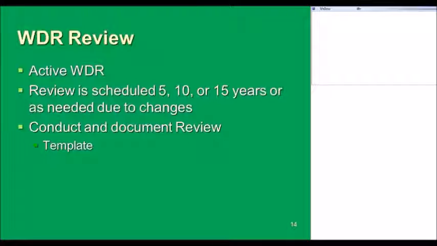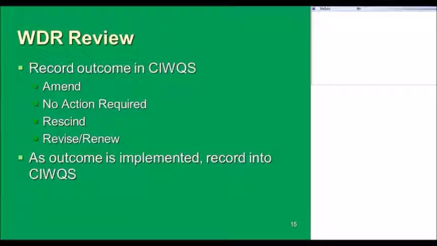When you get to that date, the review date, and your workload allows you to, you conduct the review and document the review. And we do have a template in SWRCB to help you document that review. And I'll be showing you that in a few minutes.